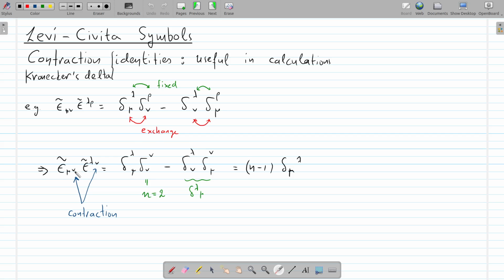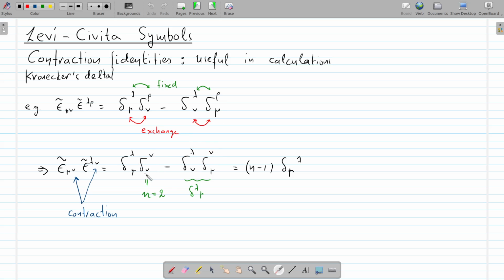So if we want to contract the second index here, nu and nu, so we form the sum of all these epsilon square terms for all values of nu, then the result can be calculated using the right hand side of this equation. So here nu and rho have the same value, so we have nu and nu here, and here we have nu and nu.